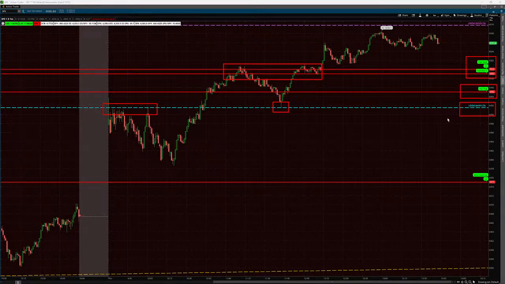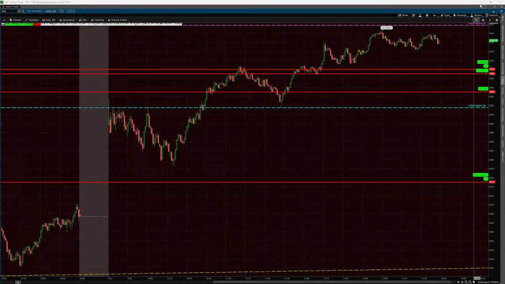All right, so strong day in the S&P 500, trading above call wall and the upper daily expected move, and approaching the upper weekly expected move. And being above these levels, it may be difficult for SPX to move much higher. We'll take a look at that in a few minutes.